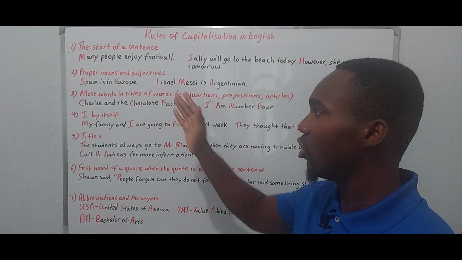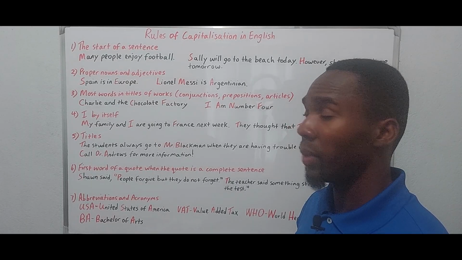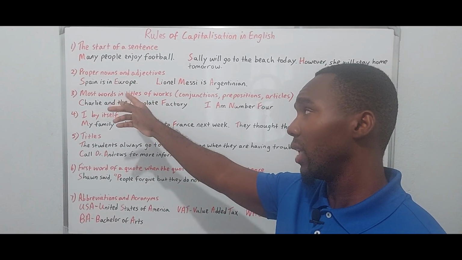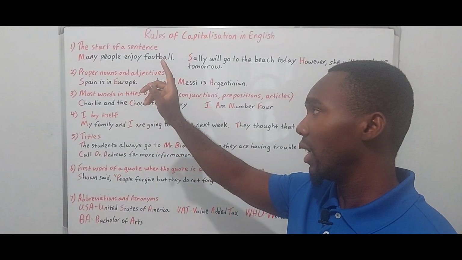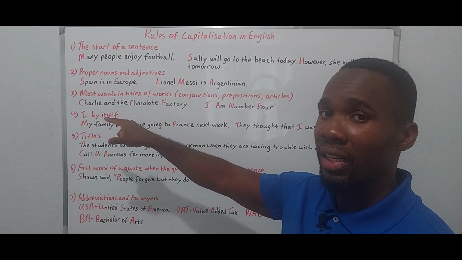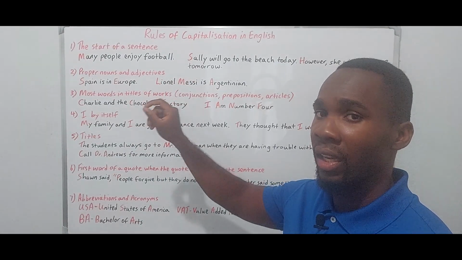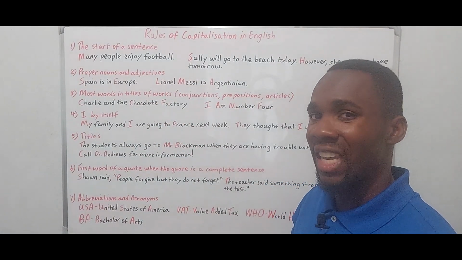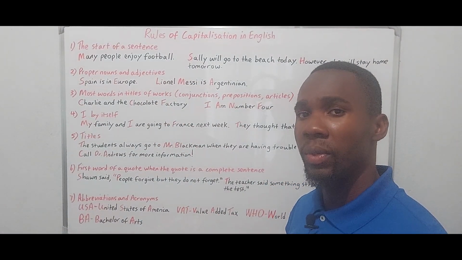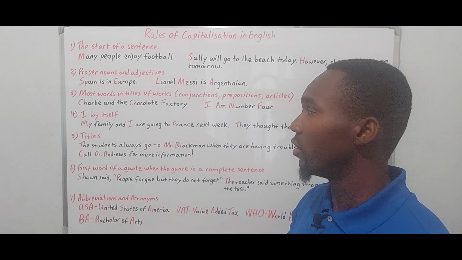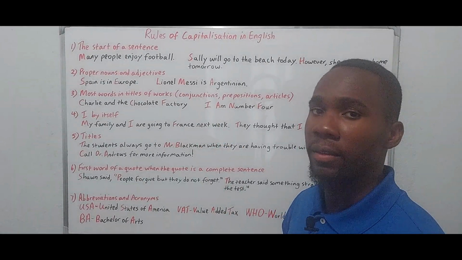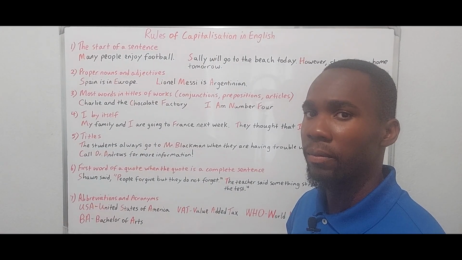So Spain is in Europe. Spain would have to be, S would have to be in capitals because it not only starts the sentence, but it is also a proper noun. It is the name of a country. Country will be the common noun because that's a general term, but the specific term is going to be Spain, right?